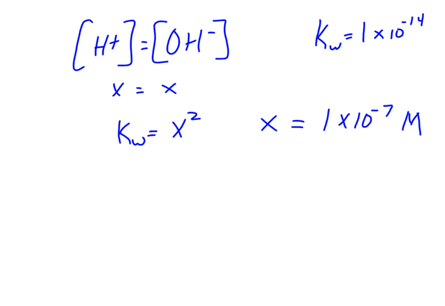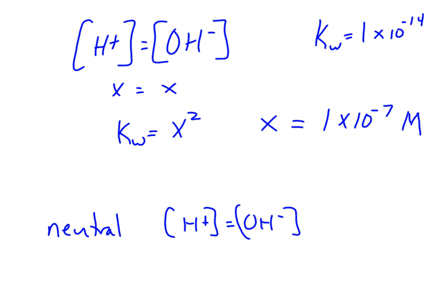So let's put that down here. H plus equals OH minus equals 1 times 10 to the minus 7th molar. What this means then is that for something to be acidic, we need to have more hydrogen ion than hydroxide ion.